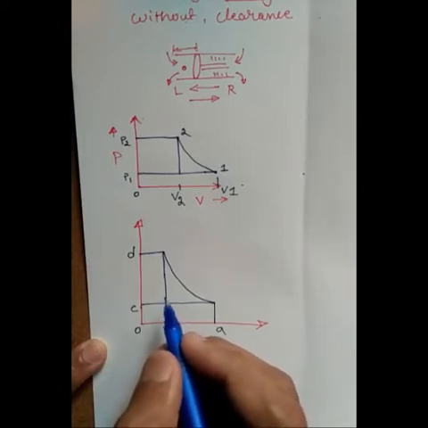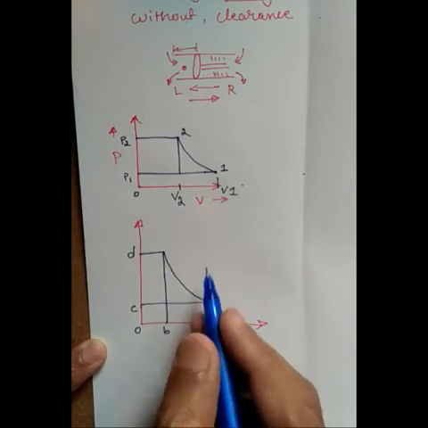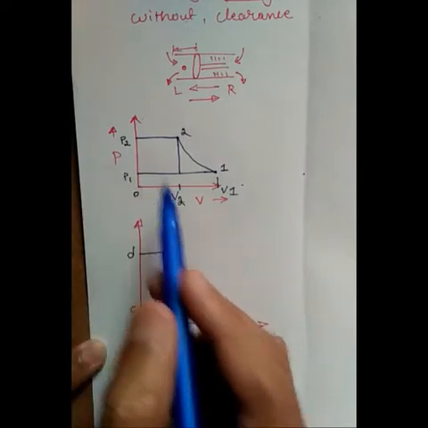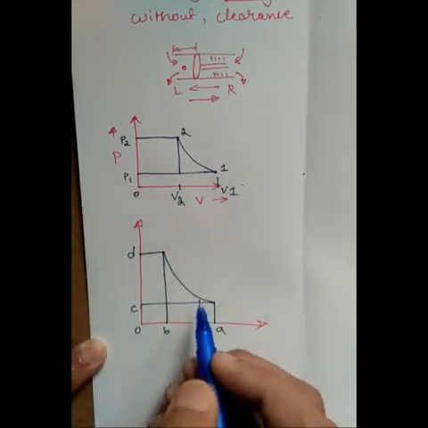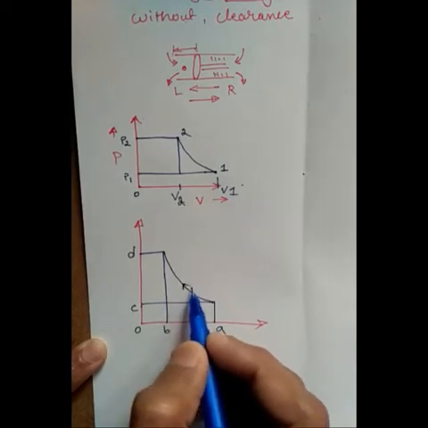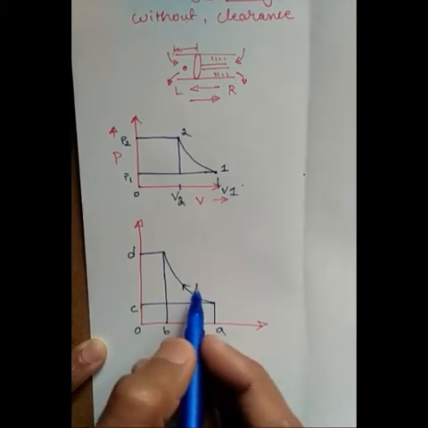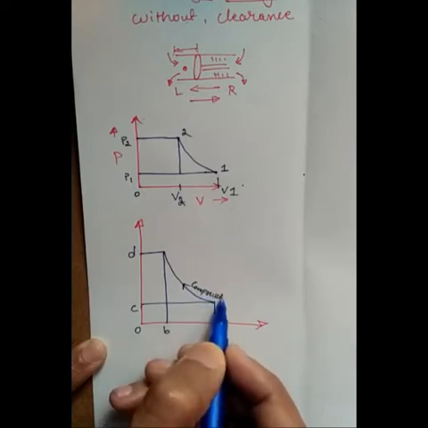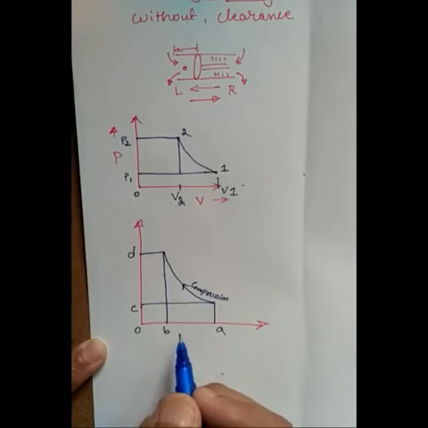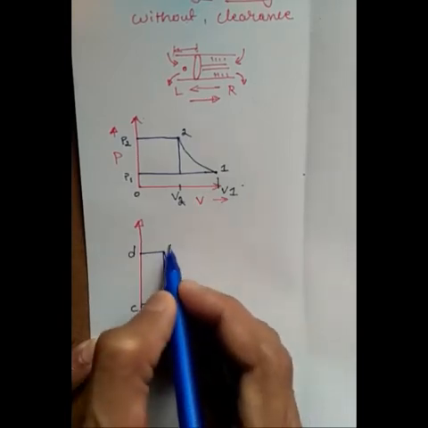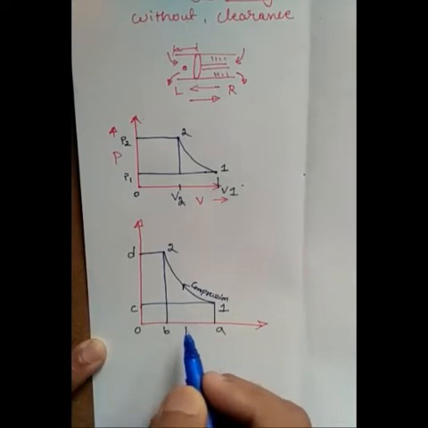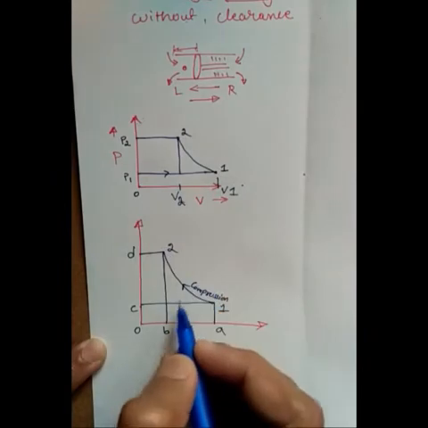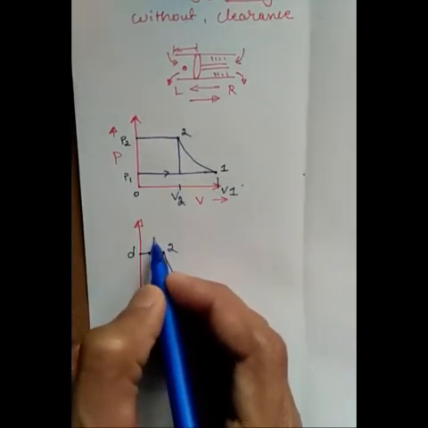Here this is V1, this is V2, and these are P1 and P2. This is the compression process, this point is 1, this point is 2, this is suction, and this is delivery.